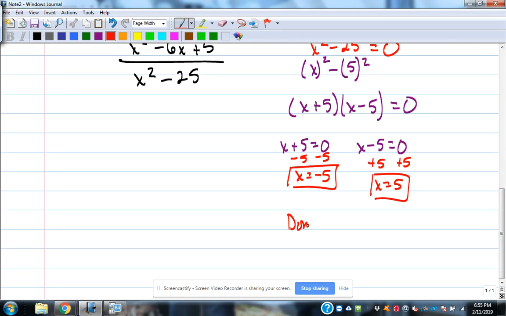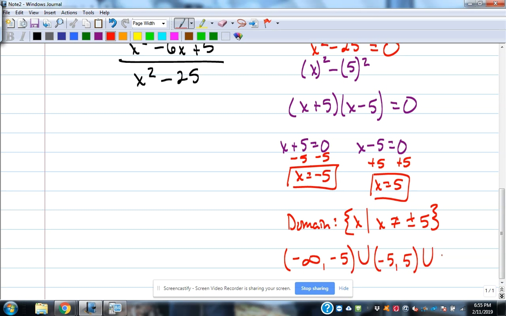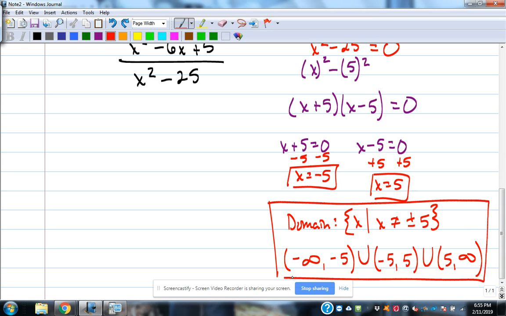So your domain: x does not equal plus or minus 5. In interval notation, it'd be negative infinity up to negative 5, union negative 5 to positive 5, union 5 to infinity. There's our domain. Again, we're going to find that before we simplify.